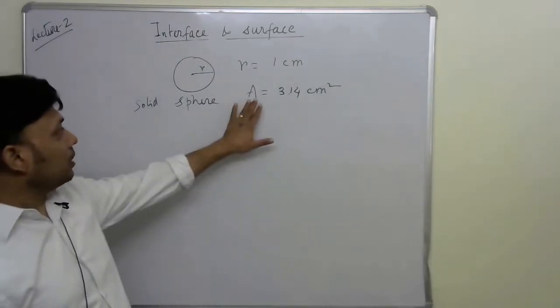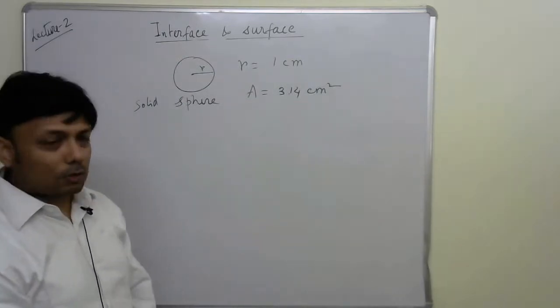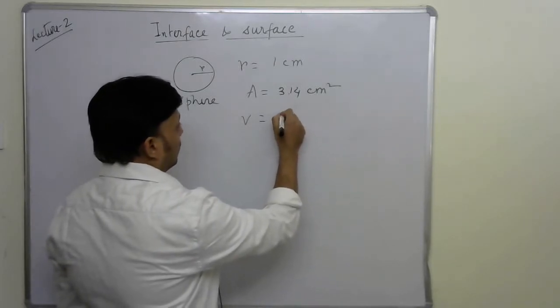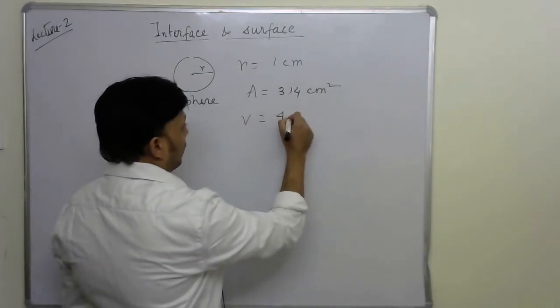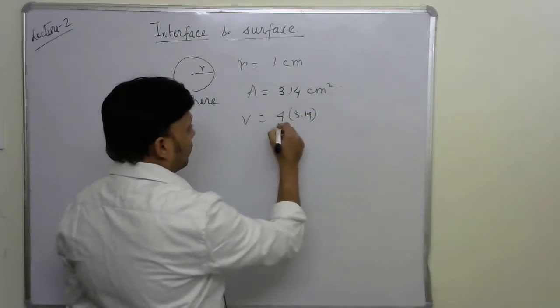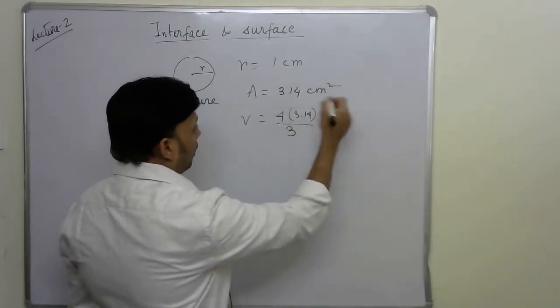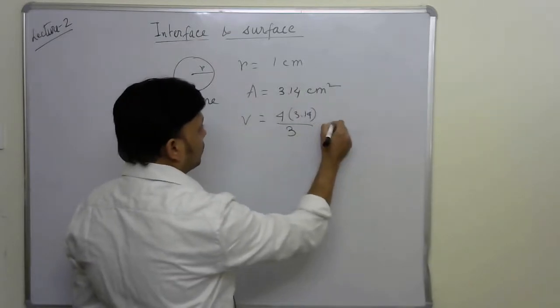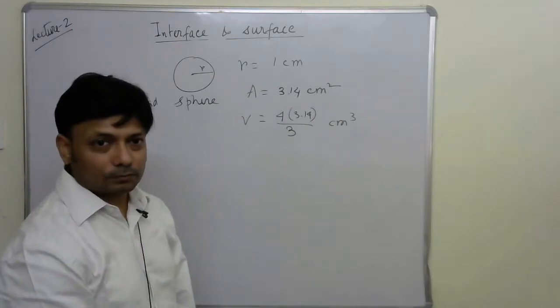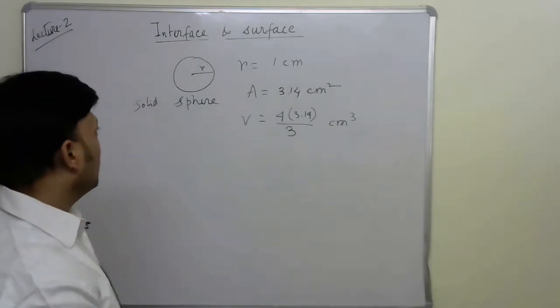So the area is 3.14 centimeter square, and the volume V should be 4 multiplied by pi, that is 3.14, divided by 3, r cubed. So r is 1, so centimeter cube. So this much is the volume. Okay.